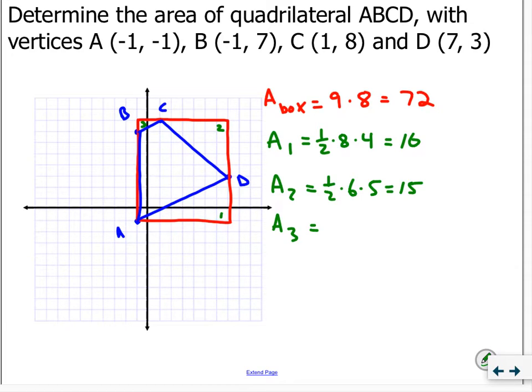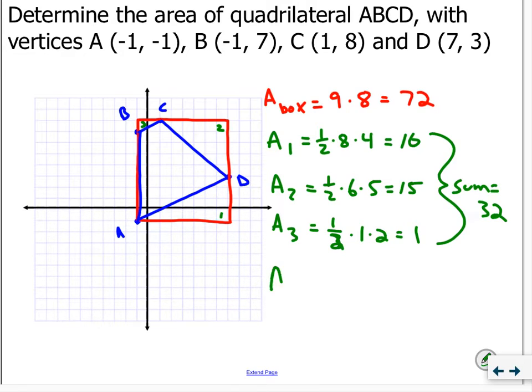And the area of that little tiny region 3, it's not 1/3, it's 1/2. Looks like it's a 1 by 2, so that area is 1. If I sum these areas, their sum is 32. So then the area of quadrilateral ABCD is 72 minus 32, which is 40.